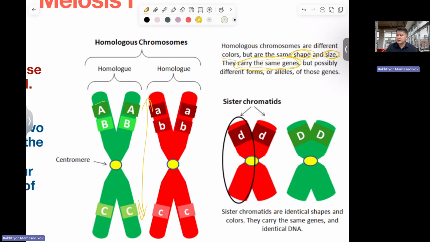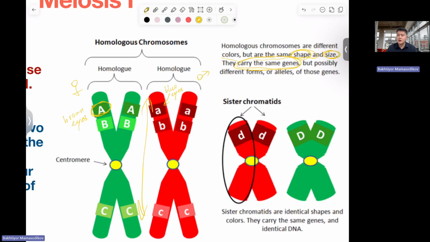An allele is a part of the chromosome or DNA which is responsible for a physical appearance. For example, this part is responsible for brown eyes, and this came from, let's say, the mom, and this part is responsible for blue eyes, which came from the dad.